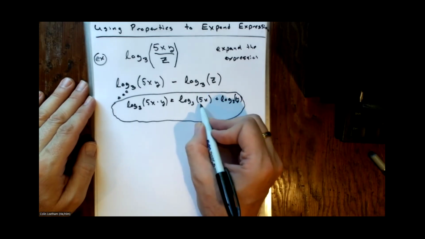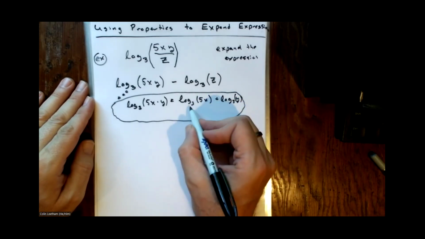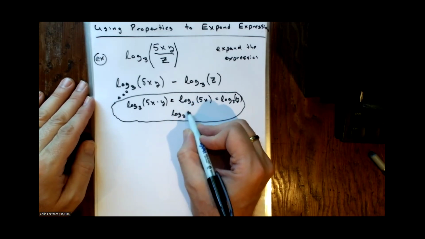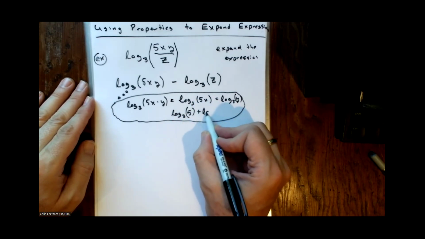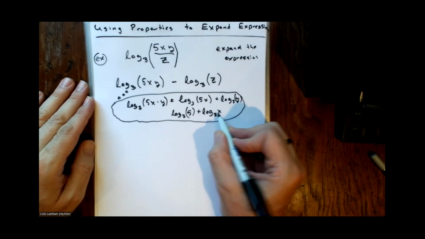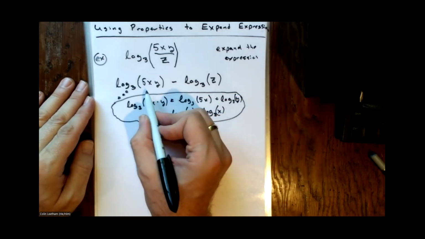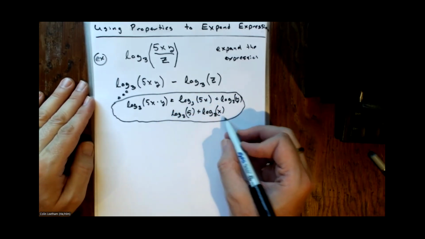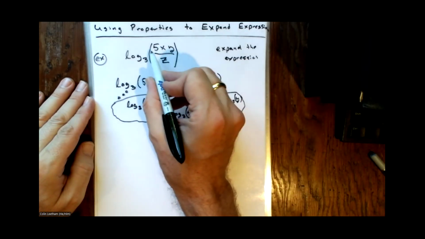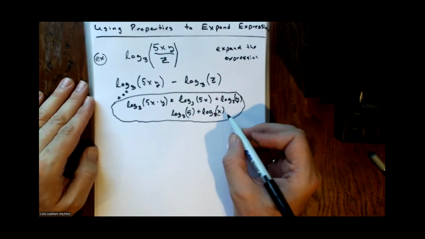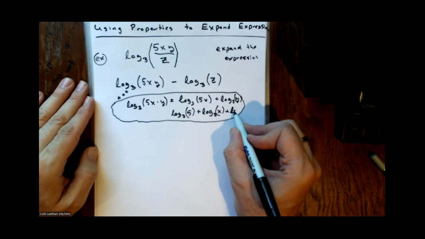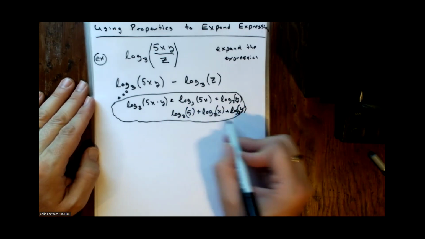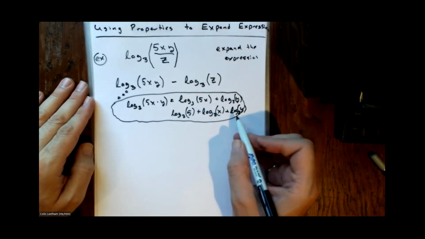And sure enough, I can do this again right here and say this itself is going to turn into log base 3 of 5 plus log base 3 of x. So notice that every single thing up here is all added together, so each of these factors is going to have its own basic term.